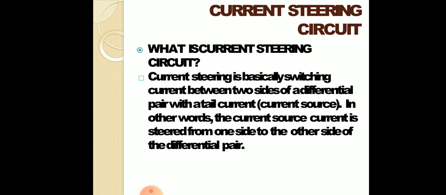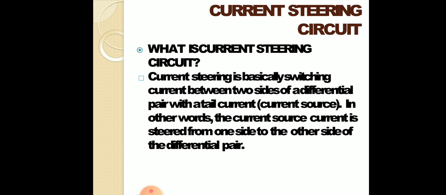And now, this is the current steering circuit. So what is the current steering circuit? Actually, current steering is basically switching current between two sides of a differential pair. In other words, the current source current is steered from one side to the other side of the differential pair.